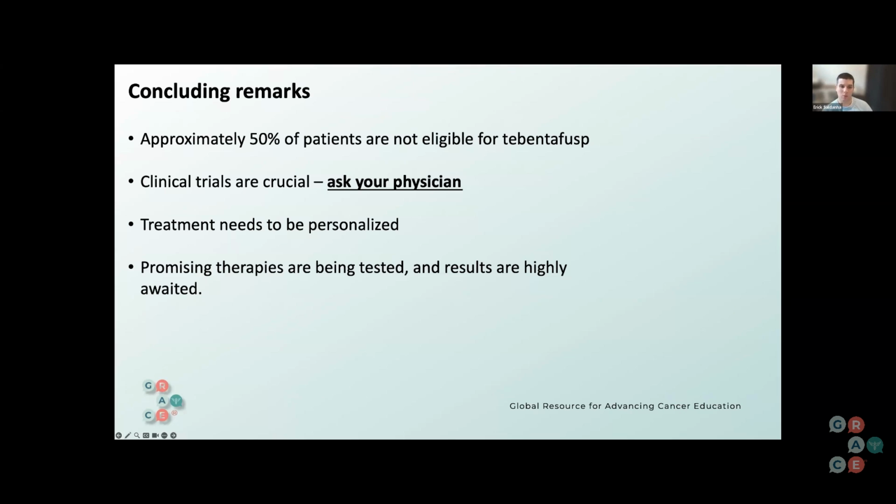And as we will discuss in future talks, promising therapies are being tested nowadays in very large trials with highly awaited results, which are very promising, to offer newer opportunities to improve survival outcomes and to offer new therapies for patients.